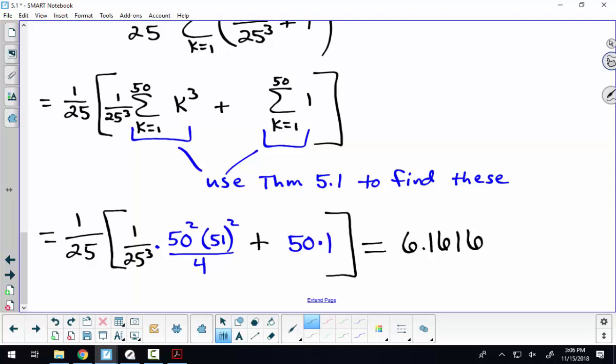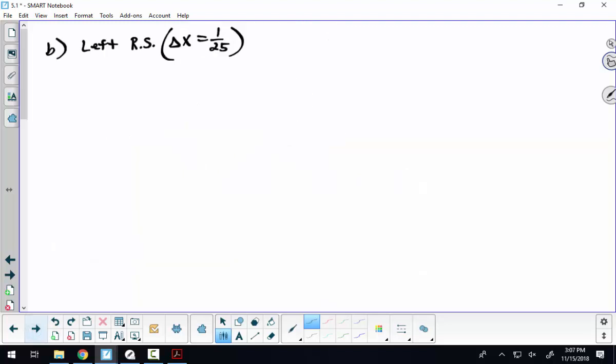All right, so that's the right Riemann sum. Then we'll look at, for part B, the left Riemann sum. A reminder, the delta x we computed is the same for all of these, so that was 1 over 25. What changes from Riemann sum to Riemann sum is the x star sub k. So for the left Riemann sum, x star sub k is a plus quantity k minus 1 times delta x.